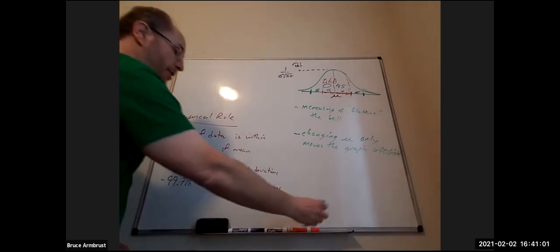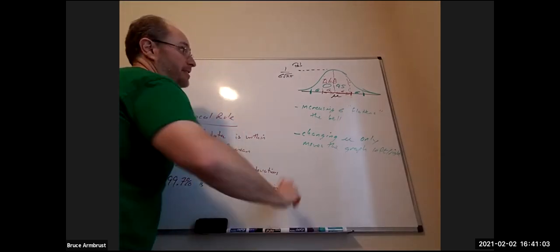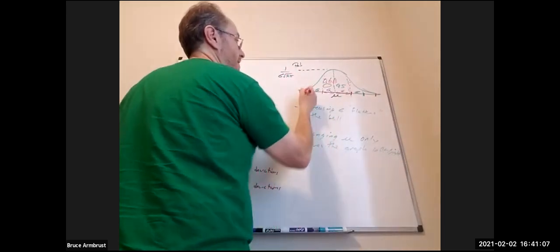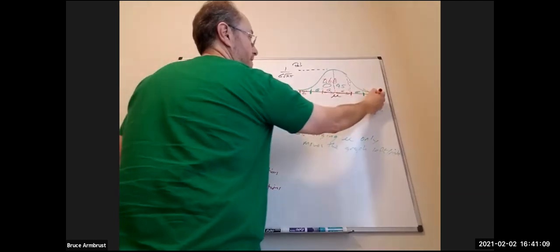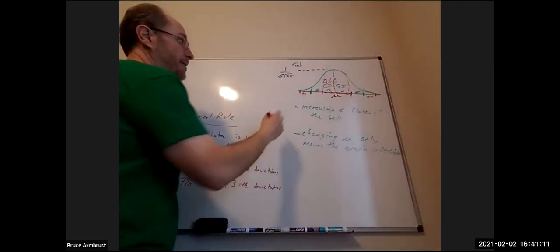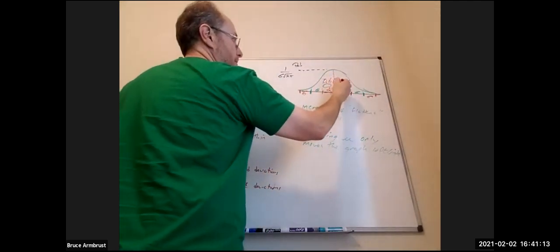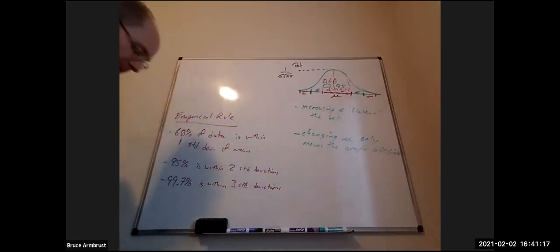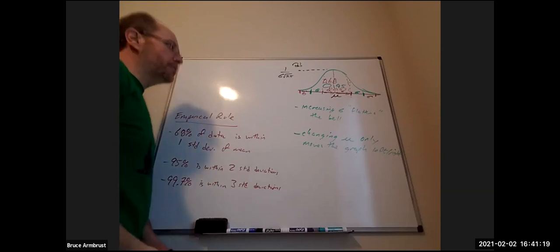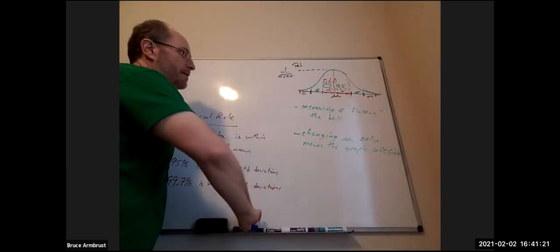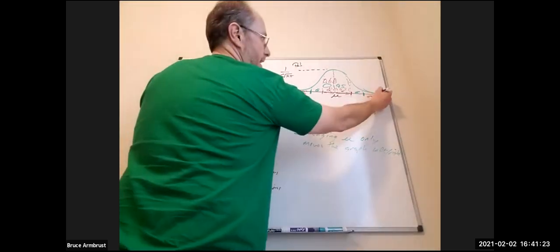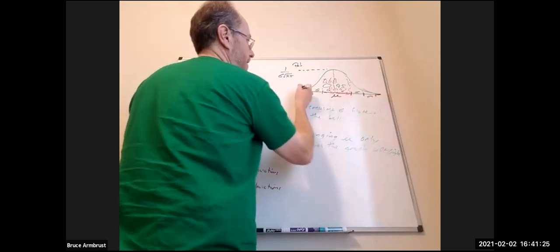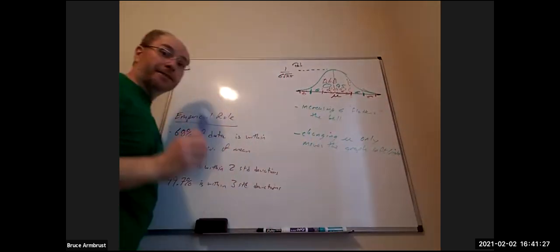If I add in one more standard deviation, let's say that brings us out to here. All right, so we've gone 3 standard deviations. Now we're up to 0.997. And you can see that there's just an ever so slightly small amount of stuff that's still out here. There's a little bit of area, but there's not much.